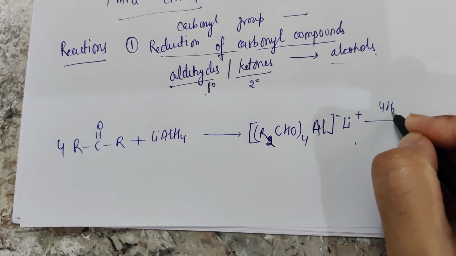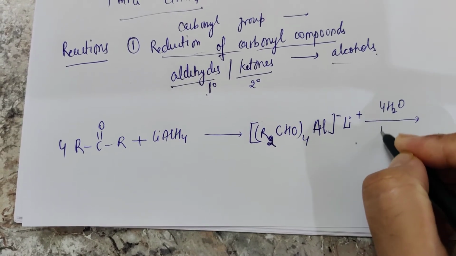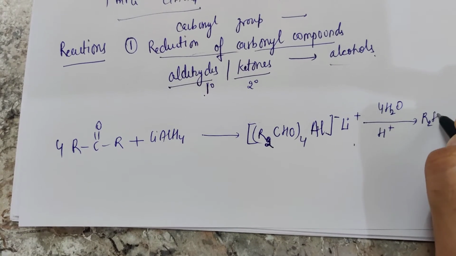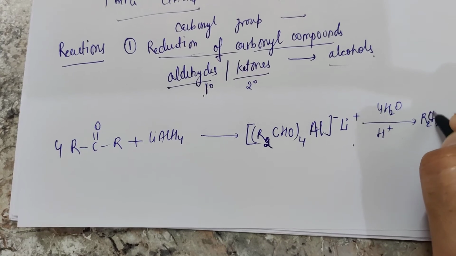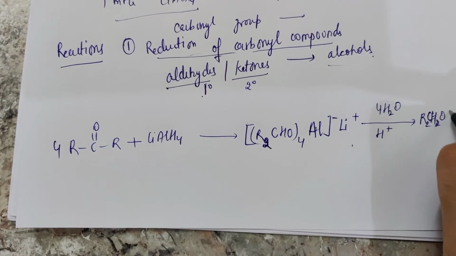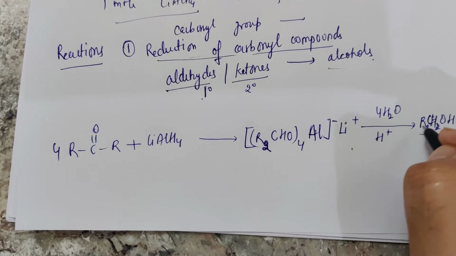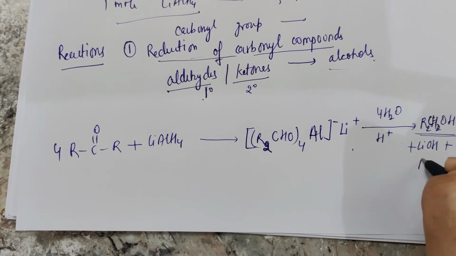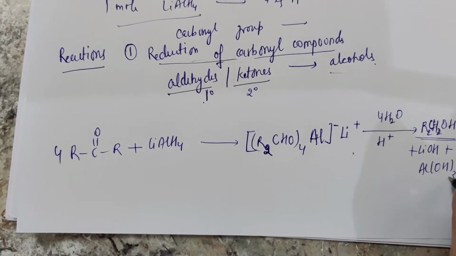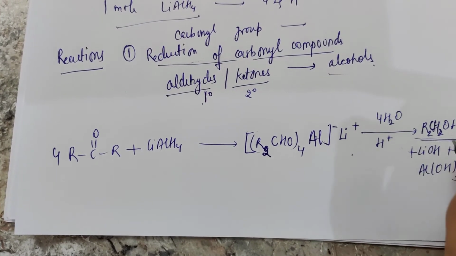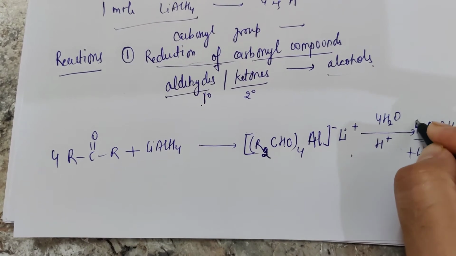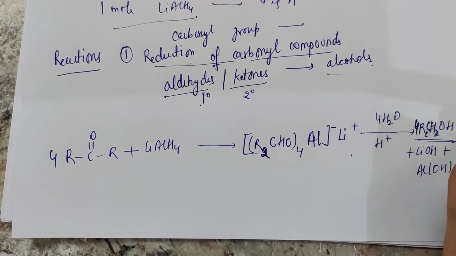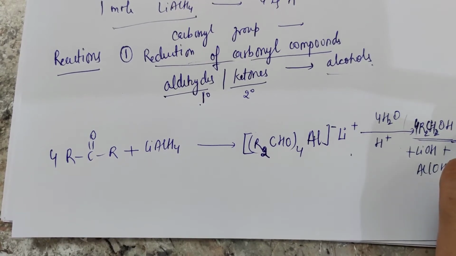This is treated with aqueous acid solution to get the alcohol, CH2OH. So this will be the alcohol obtained plus lithium hydroxide plus aluminium hydroxide. Aluminium hydroxide will precipitate and you will get 4 moles of alcohol.